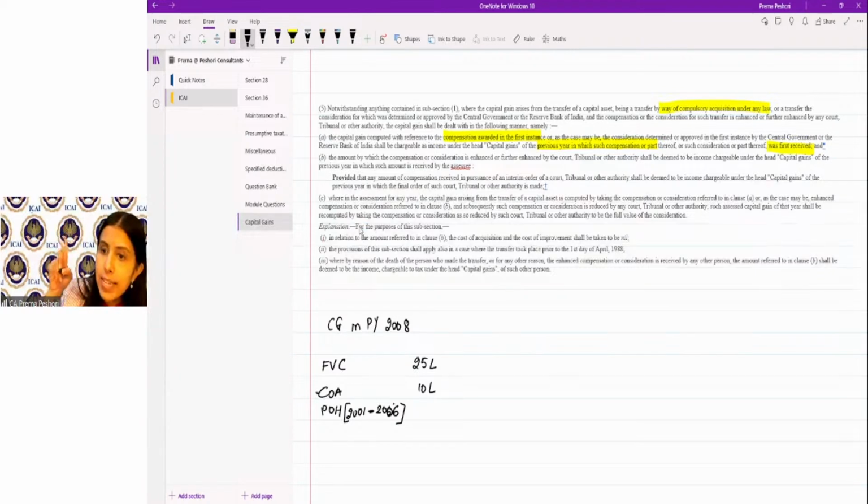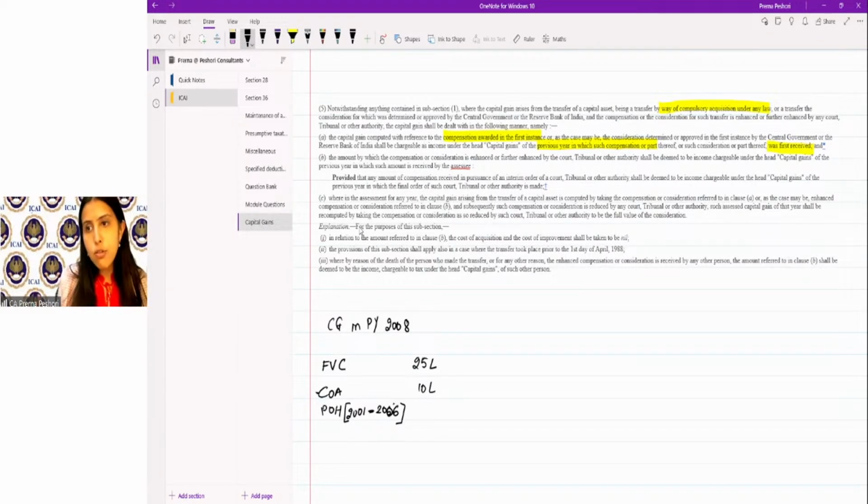So 45(1) says in the year in which transfer takes place, but 45(5) overrides 45(1). And therefore, here the capital gain, it is saying, will be in the year 2008. So that there should not be any hardship to the assessee. Because until and unless I have received the compensation, generally compulsory acquisition compensation takes time. So if it is charged in the previous year in which transfer takes place, then I will be put into hardship.